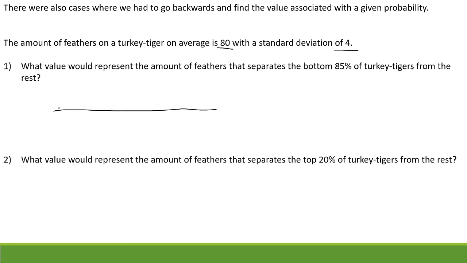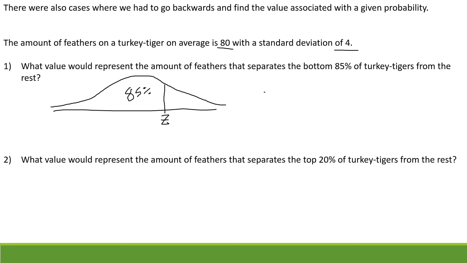Let's draw a diagram for this, because again, that'll help clarify what we're doing. So I want the z-score, we'll put it right here. I want to know what z-score, and not only that, but what value represents the cutoff point here where 85% of the population is less than that z-score.